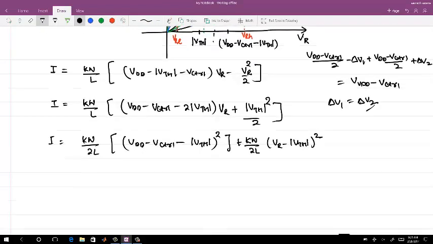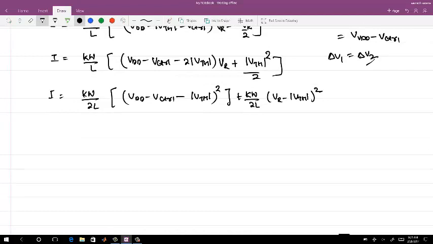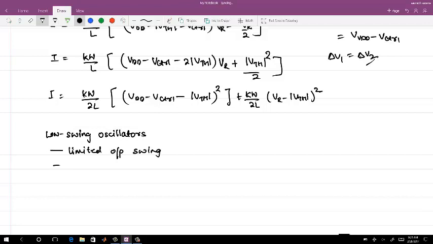So to conclude on all the low swing oscillators, because we have seen only that so far: they had limited output swing and constant current consumption.